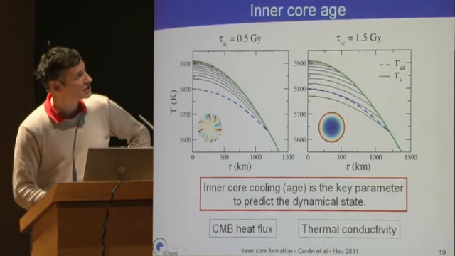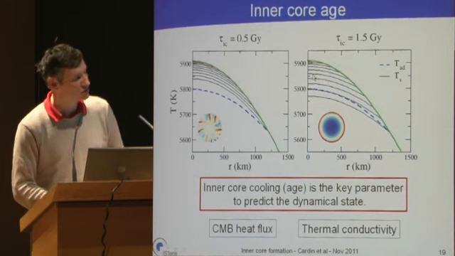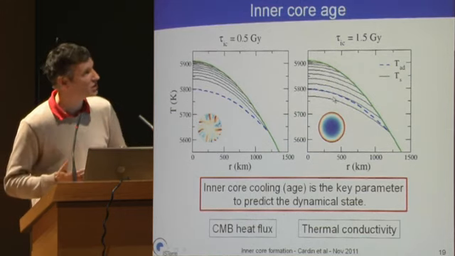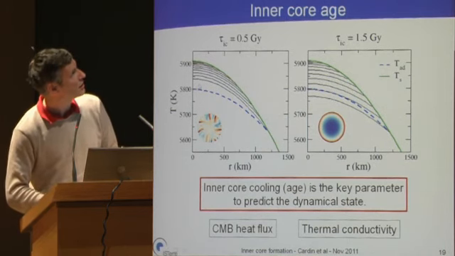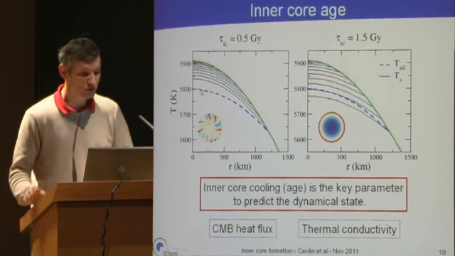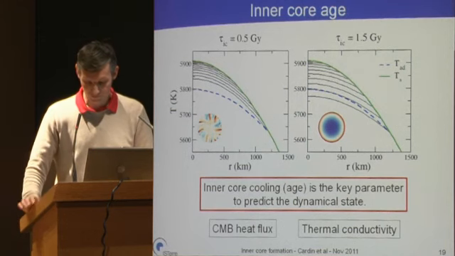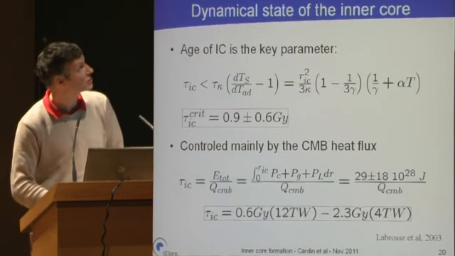So you can understand it here. If thermal conductivity is large, you have time during the age of the inner core to expel heat. If the thermal conductivity is low, then it's easy to be in the superadiabatic inner core. So to have thermal convection in the inner core, you need a very young inner core. How young? That's another question.